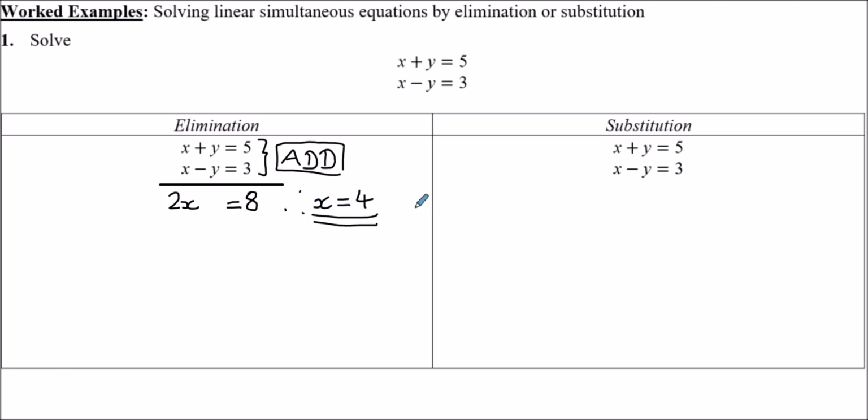Once you've got either x or y equal to the value you've worked out, you then have to substitute that back into one of the initial equations. Which one you substitute it back into does not matter at all. I'm going to pick the top equation. If you wanted to pick the bottom equation, that would be fine as well. So now we're going to sub into the top equation.